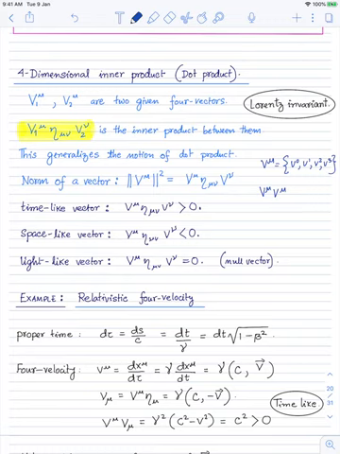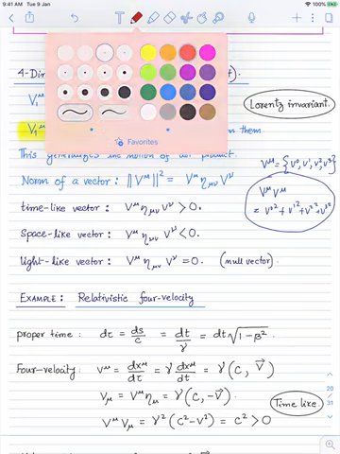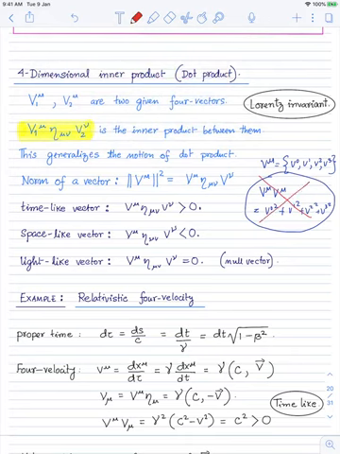You just took the components in Cartesian components and you multiplied them, right? But if I did that, then this object is going to be v0 square plus v1 square plus v2 square plus v3 square. It turns out that this object is not invariant under boost transformations.